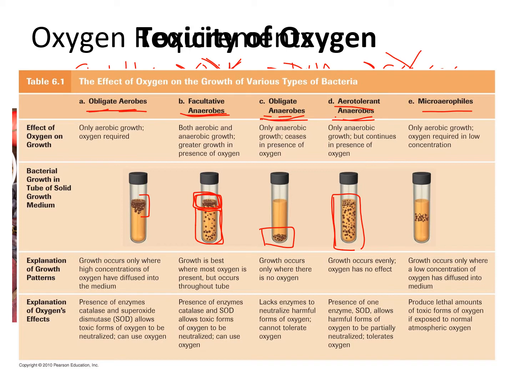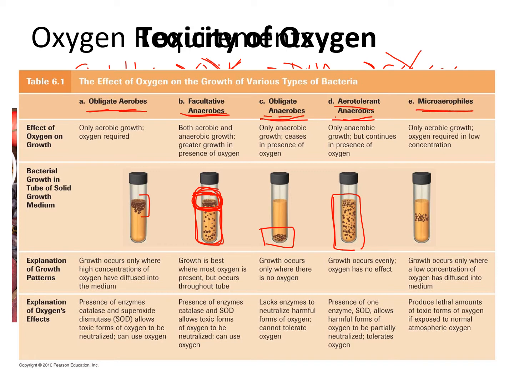That's the difference between the facultative anaerobes and the aerotolerant anaerobes. Both of them have the enzymes to detoxify the oxides, but having oxygen present is a benefit to the facultative anaerobes because they will produce more ATP when oxygen is present.